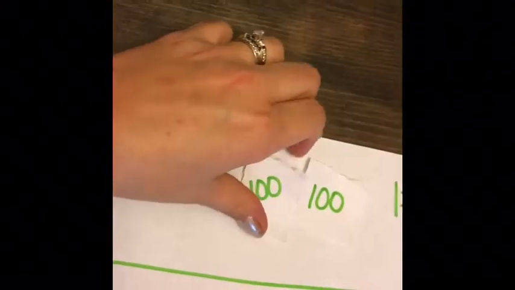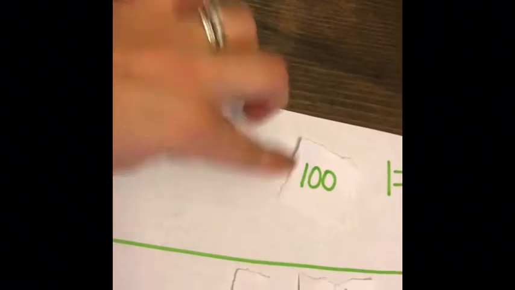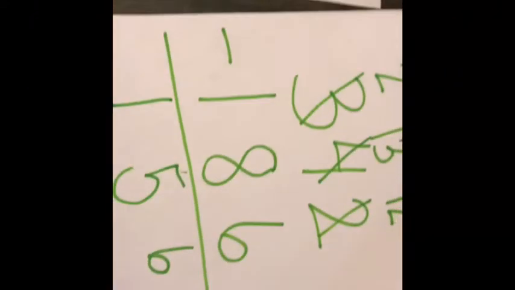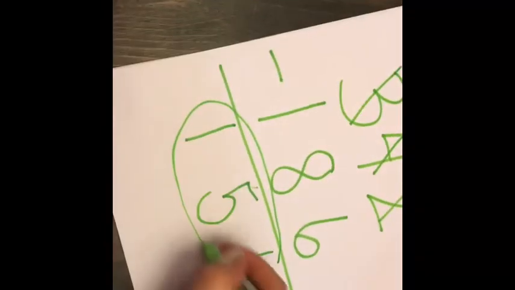Okay? Now, I'm going to go 2 hundreds minus 100. So here's my 2, take away 1, and I have 1 left. So my answer is going to be 156.